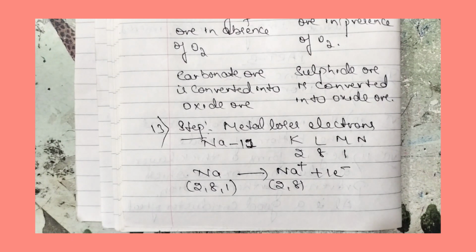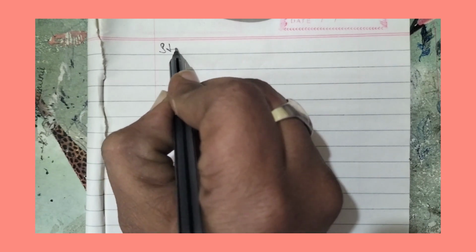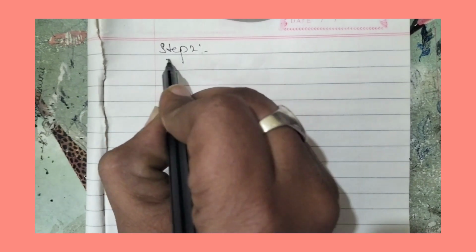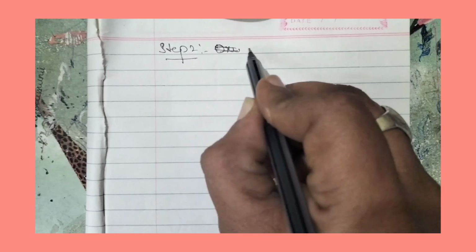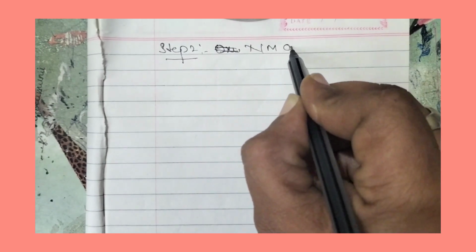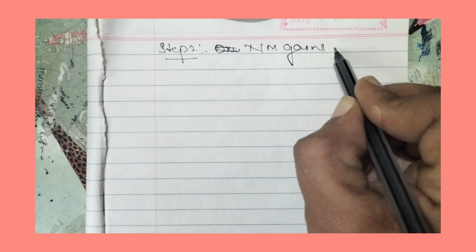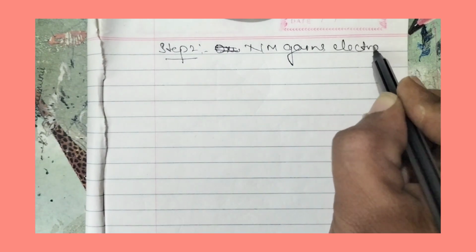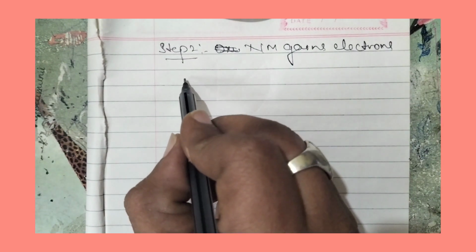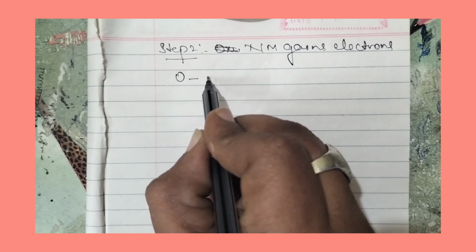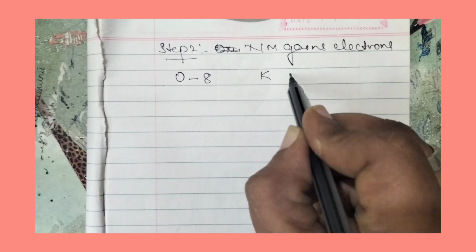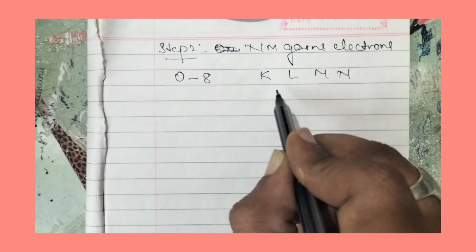Now let us move to step number 2. Non-metal gains electrons. The non-metal here is oxygen having atomic number 8, so configuration is 2, 6.